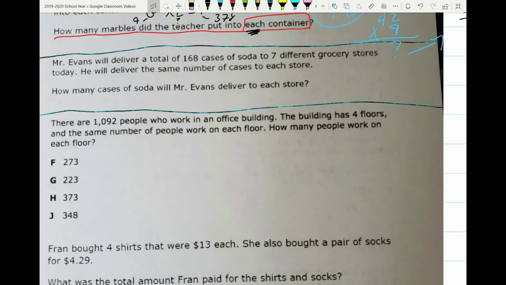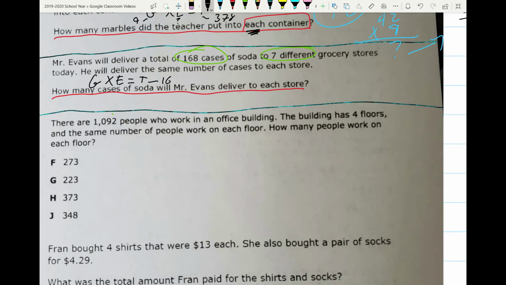Okay, so let's look at this one. So we know that Mr. Evans delivered 168 cases of soda to 7 different stores. How many cases of soda will Mr. Evans deliver to each store? G times E equals T. Do I know my total?